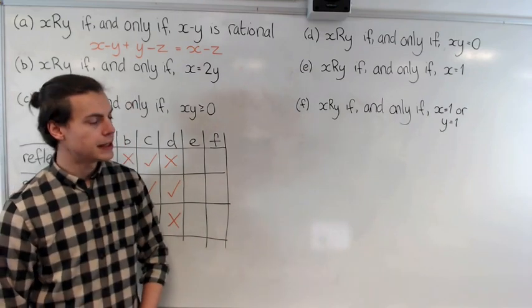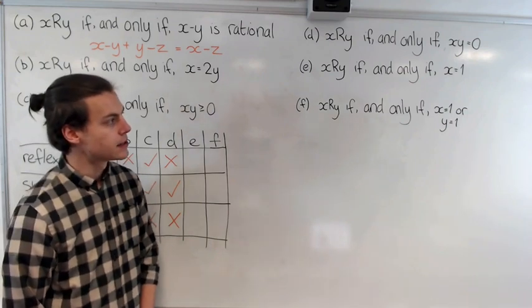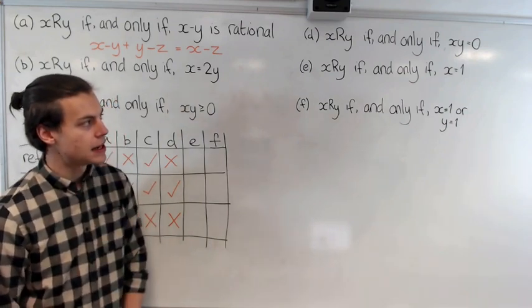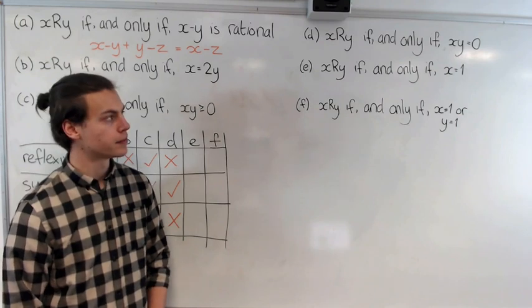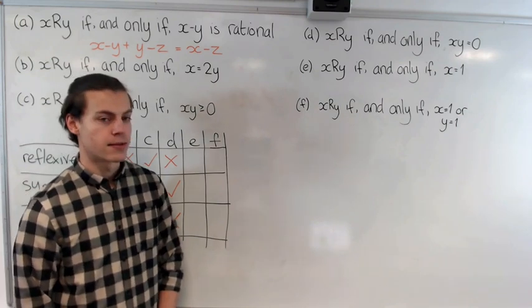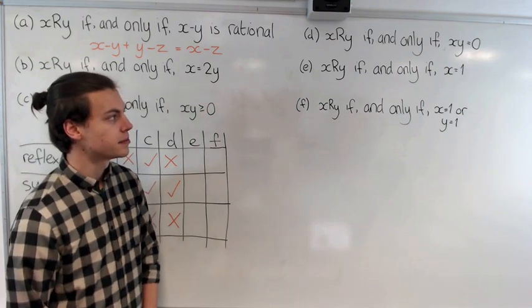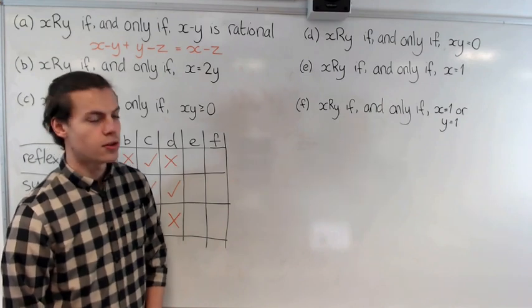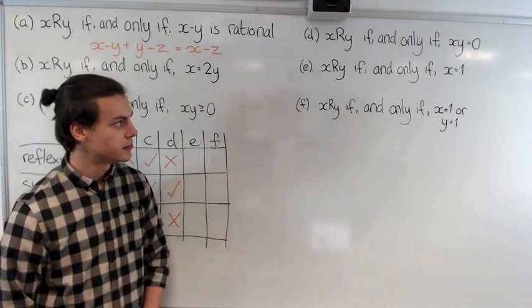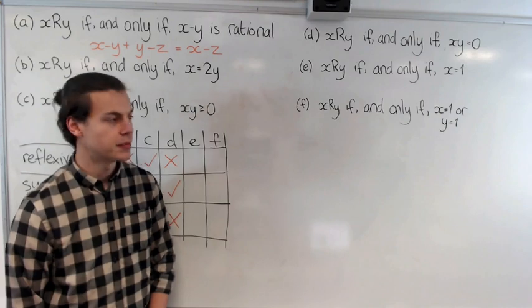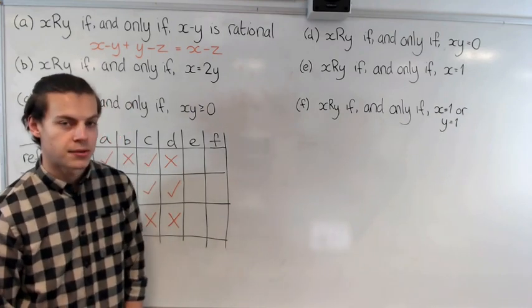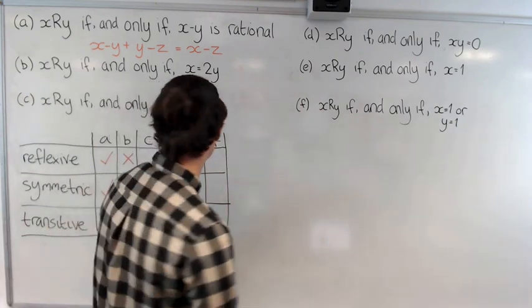Okay, relation E. X is related to y if and only if x equals 1. Is this relation reflexive? Well, 2 is not related to itself, right? Since 2 is not equal to 1. So, no, this relation is not reflexive.